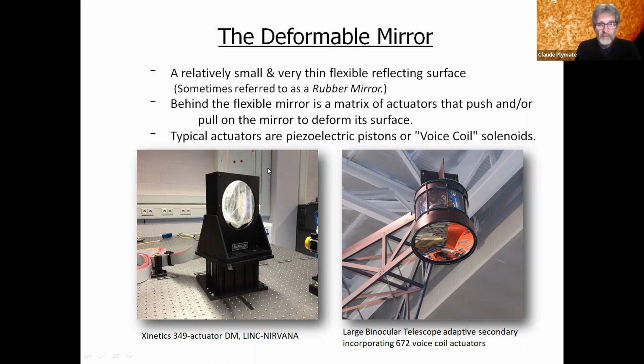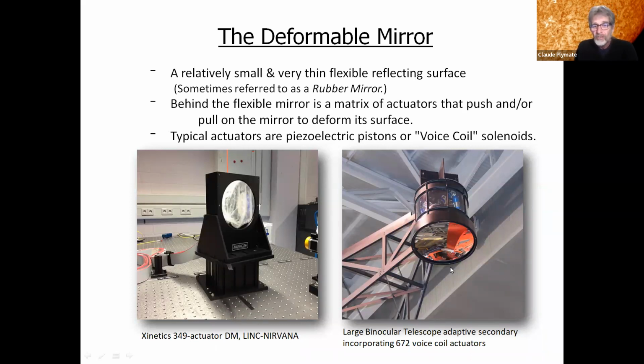Now, here's a commercial example from a company called Xinetics that is about a 100 millimeter flat mirror with 394 actuators behind it. Behind that mirror is a matrix that push and pull on the mirror in real time to take it to the shape that's desired.